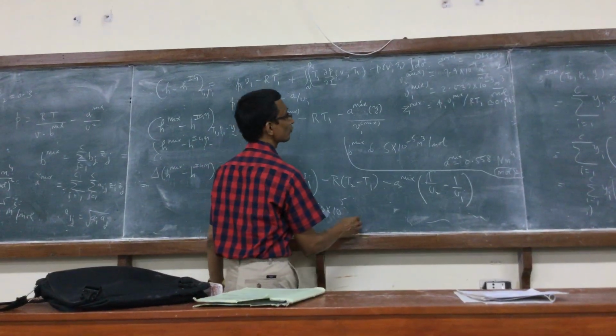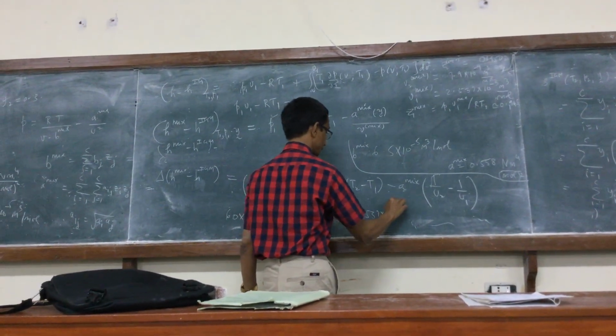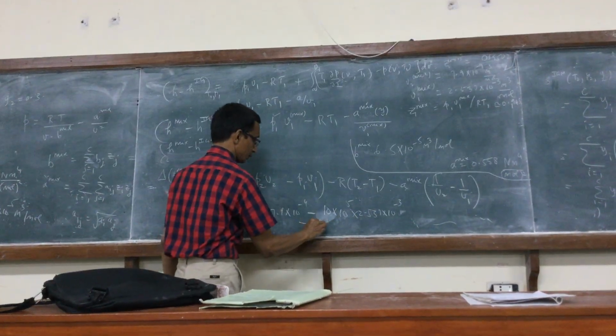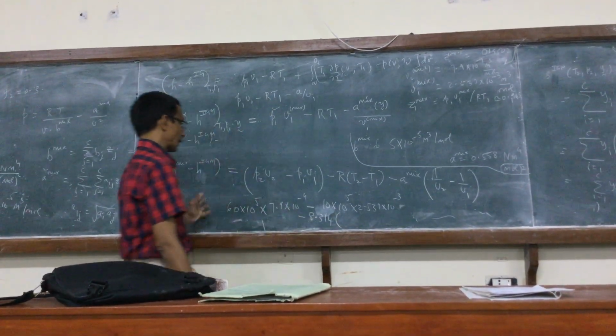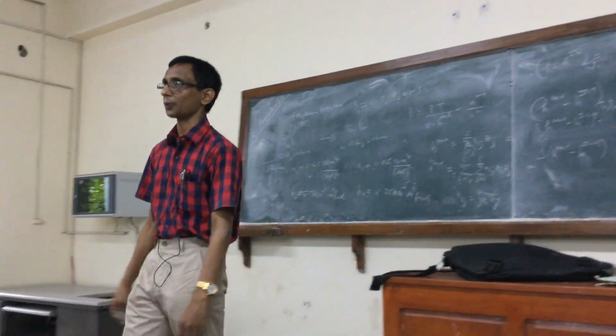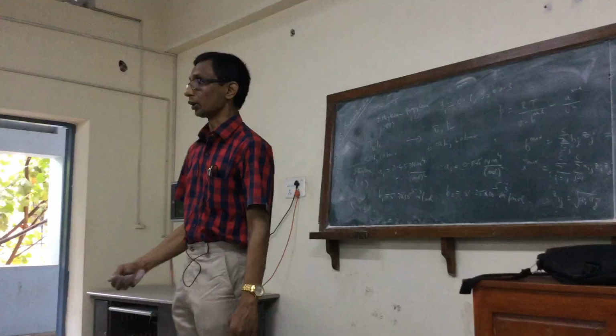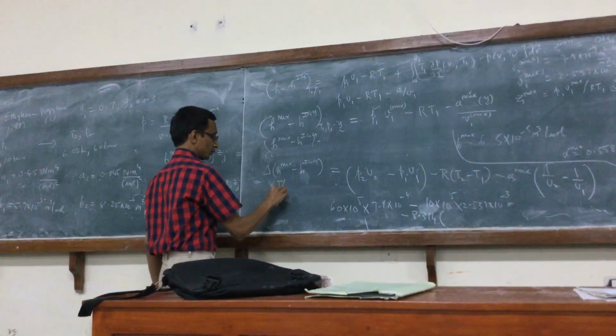V1 is 2.537 into 10 to the minus 3. Then minus R, we use joule per mole K, and T2 minus T1. The whole answer is going to be in joule. H is a specific property, so it's going to be joule per mole. That is very important. You have to be consistent with the units.